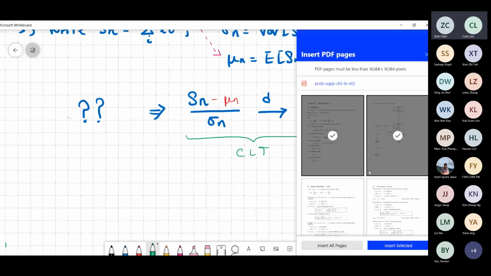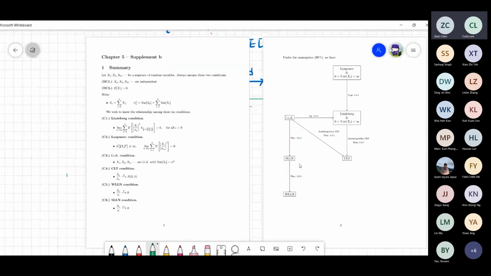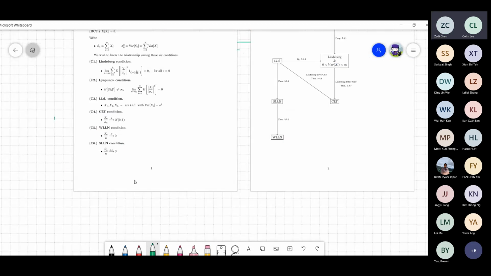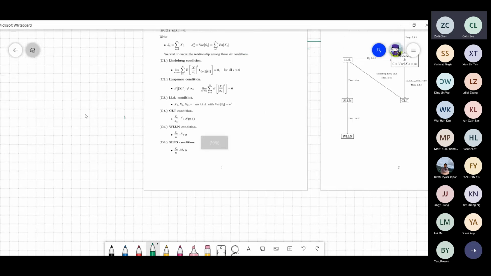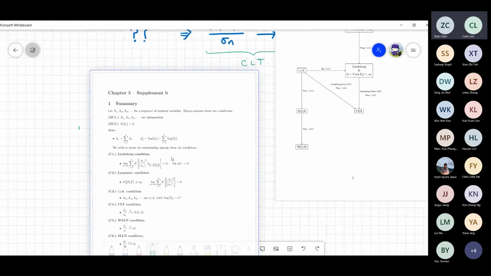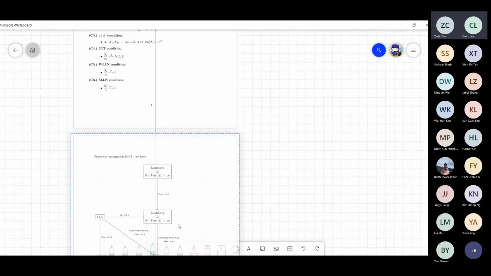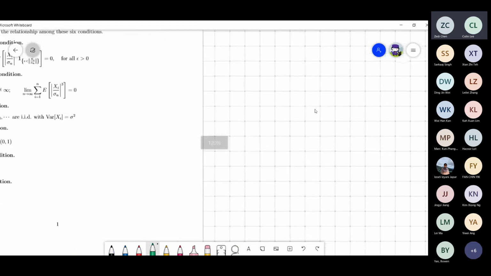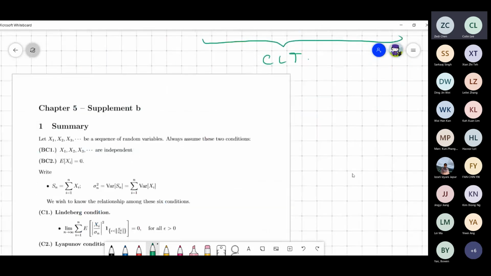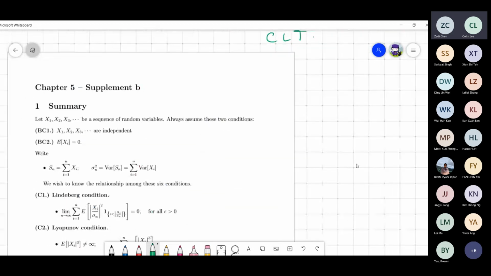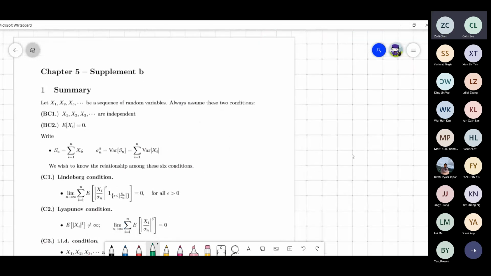Maybe just look at the first two. I have already posted this summary in the Spectrum, so you guys can go and download it yourself later. This is a supplement for chapter 5B.